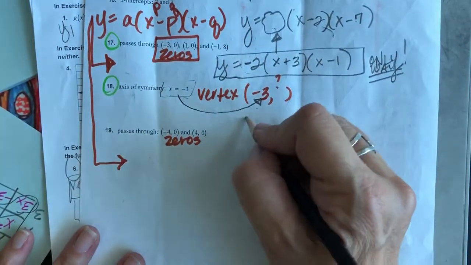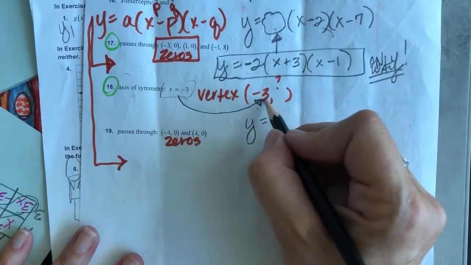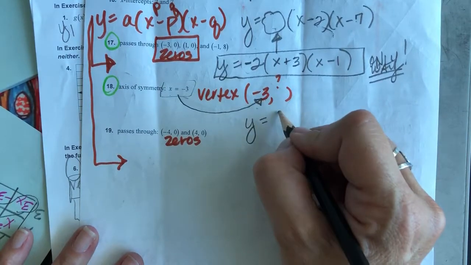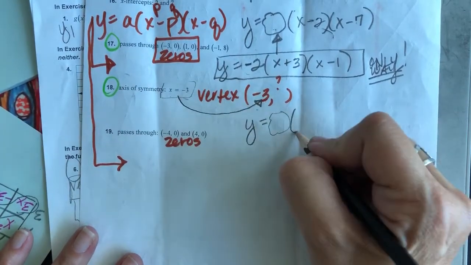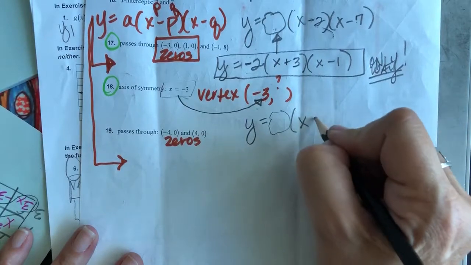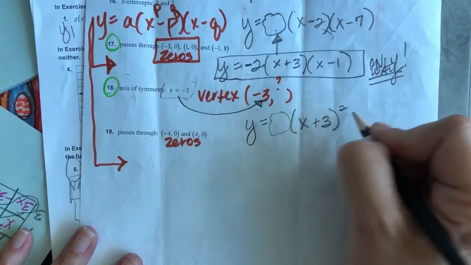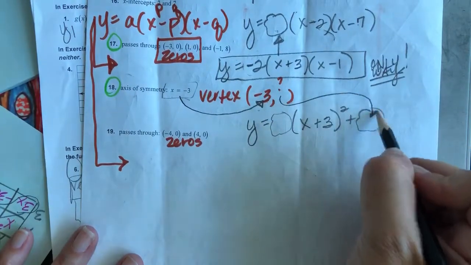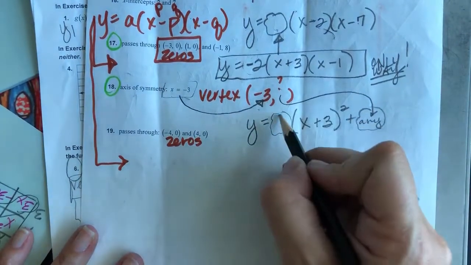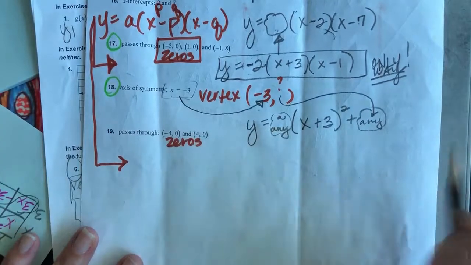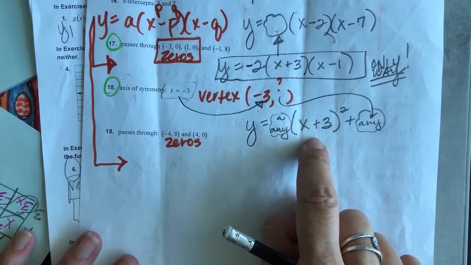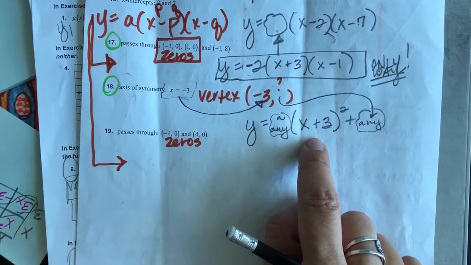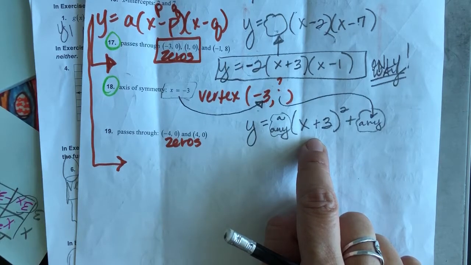So your equation for this one, and because we're in vertex form, you could put anything in for A. It'd have to be x plus 3 squared, and you can put anything in for the y value of the vertex. This A could be any. That just has to be the case if the axis of symmetry is negative 3. That makes the x-coordinate of the vertex negative 3.